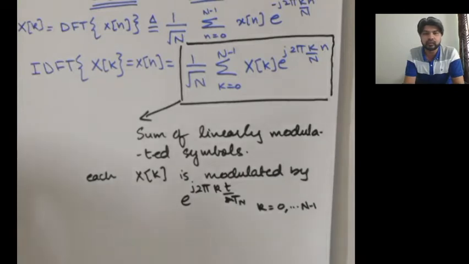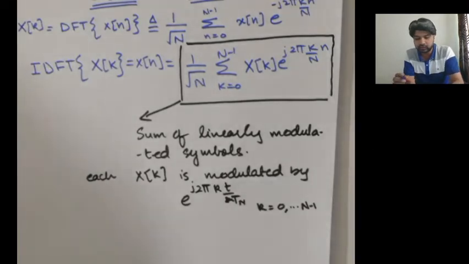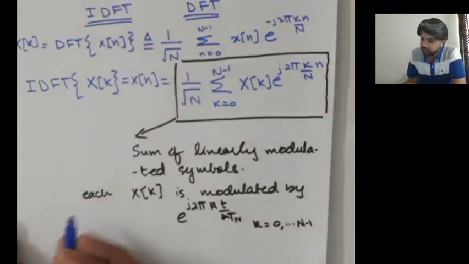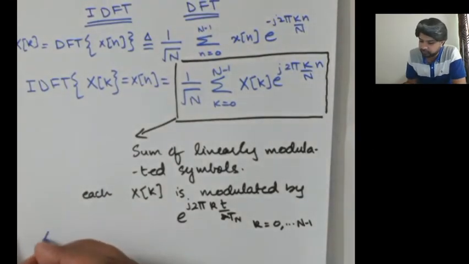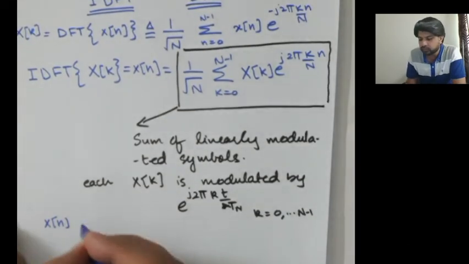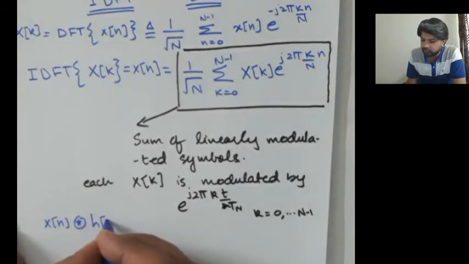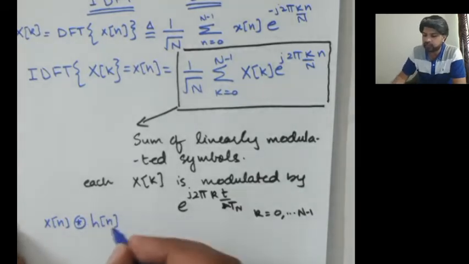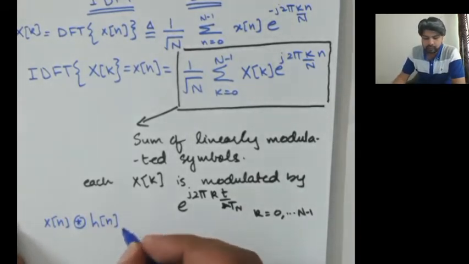Rather, this is related to the circular convolution. In other words, if you have x of n as a time domain symbol, and of course you would transmit it in the channel, right? So a circular convolution of x of n with h of n, right?